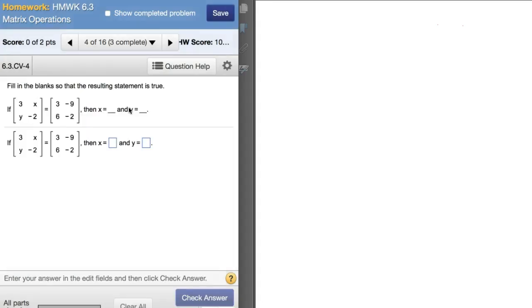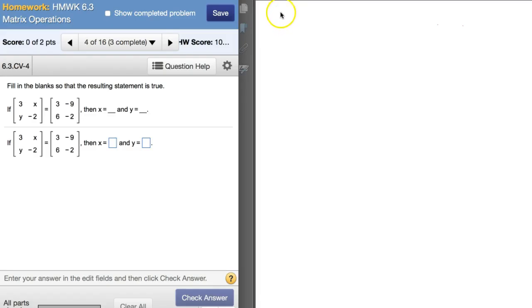All right, so now we're loading up question 4. What we want to do now is fill in the blank so that the resulting statement is true. What this question is trying to exercise is, do you know the equality properties of matrices?